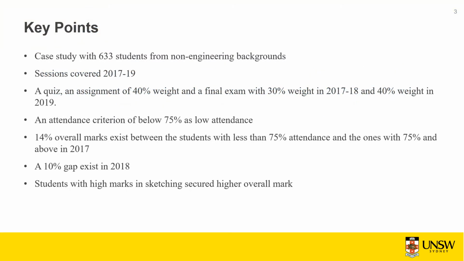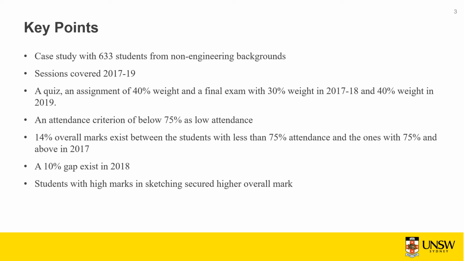Okay, so before I go into the details of the paper, let me share some key points and key findings from this paper. That is, this case study paper involved 633 students from non-engineering backgrounds. The sessions covered are from 2017 to 2019.